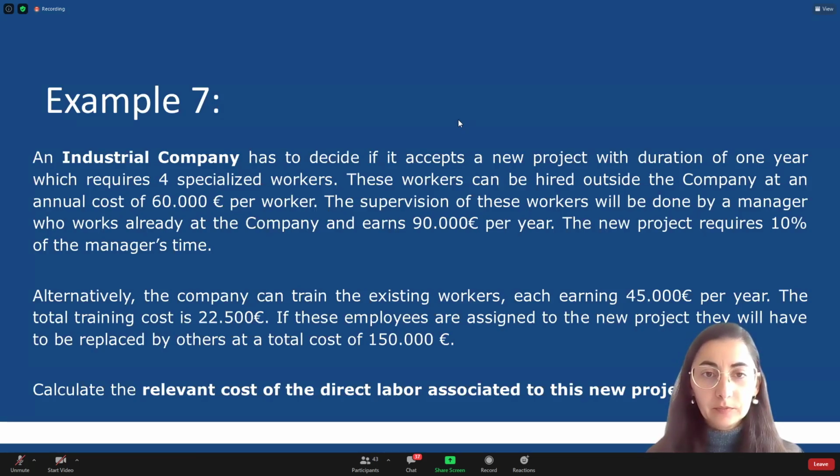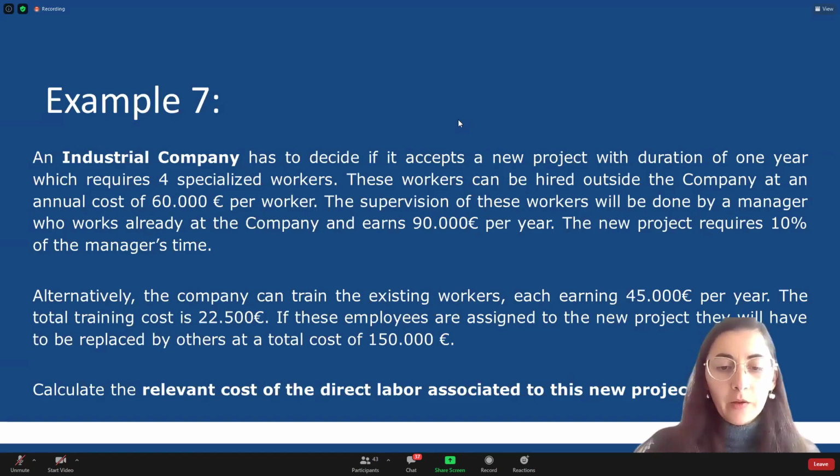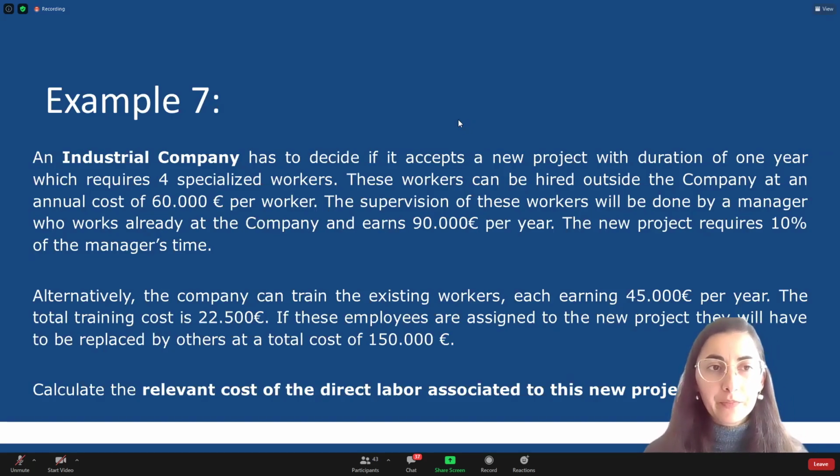Maybe hire new specialized workers, assuming that the manager is a non-relevant cost. If we hire the specialized workers, the cost would be 240,000, and if we train, we needed... Oh no, I think it's equal.